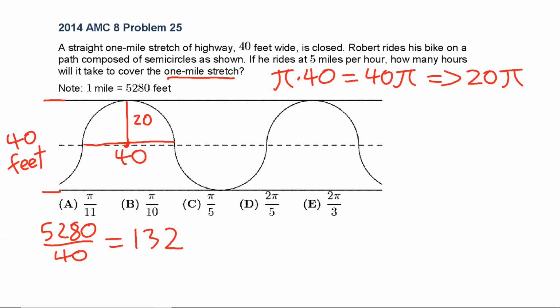Then we know that distance is equal to speed times time. And the distance here, the total perimeter covered, would be 132 times 20 pi for each semicircle. The speed here would be 5 miles per hour.